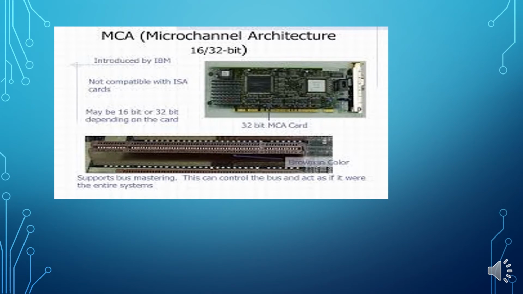Now you can see an example, or you can say a card, of MCA. This is a slot and this is the circuit behind the slot. It is not compatible with ISA cards and it supports bus mastering that we already discussed.